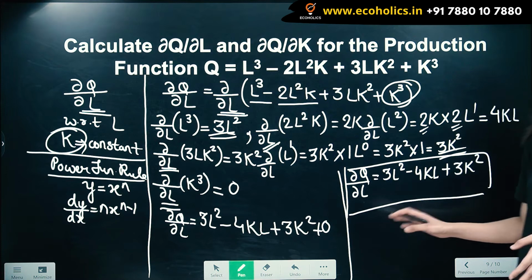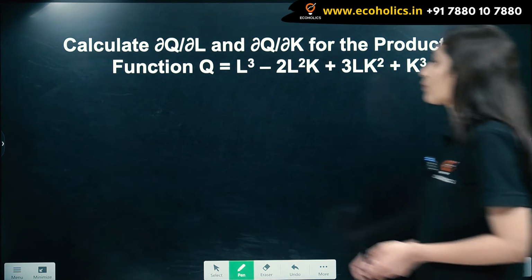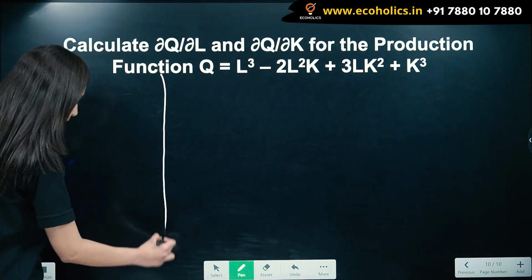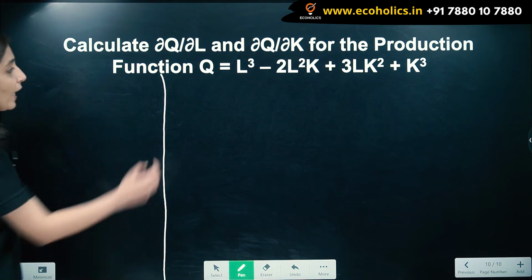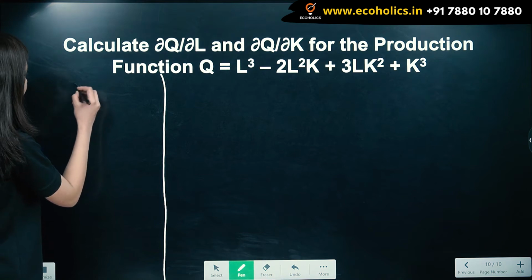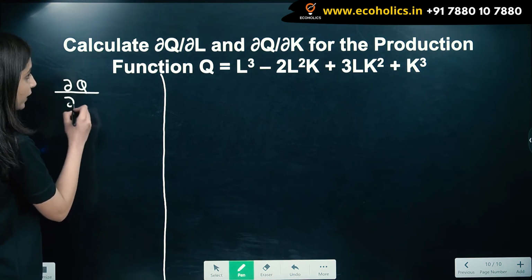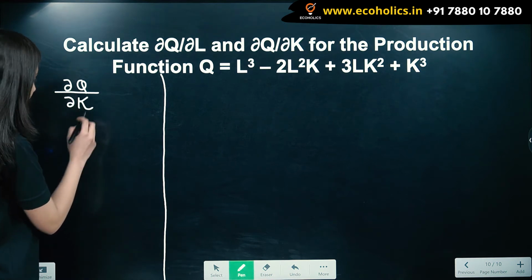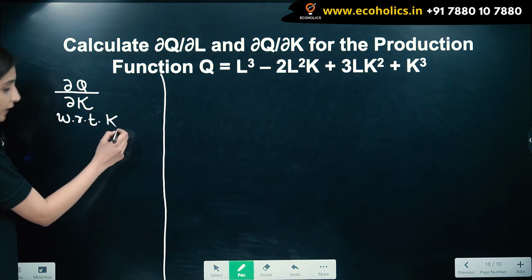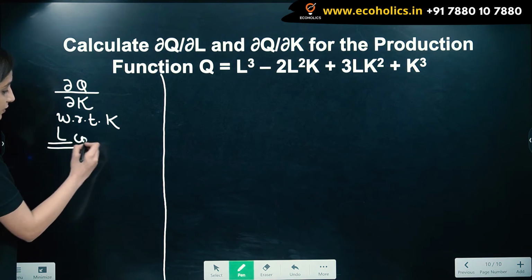Now, similarly, we are going to calculate ∂Q/∂k. We have already studied partial differentiation. So we are going to differentiate with respect to k and we are going to take L as constant.